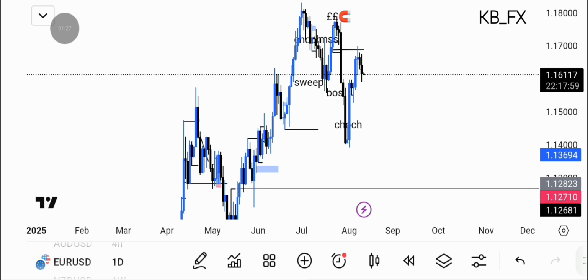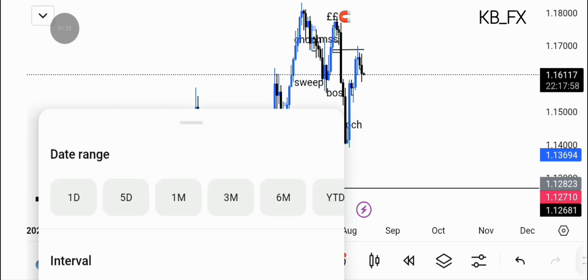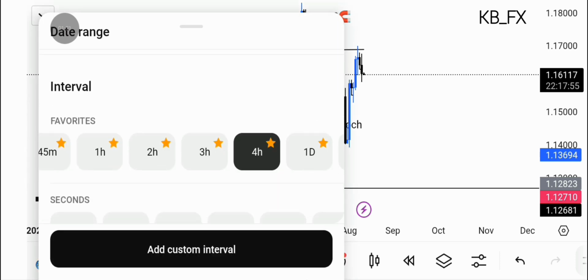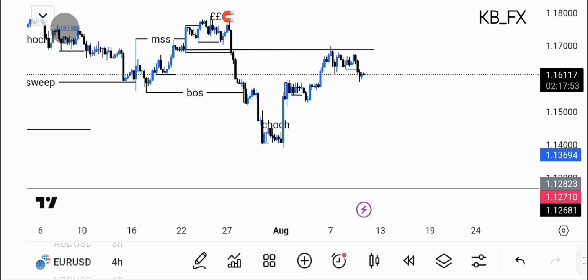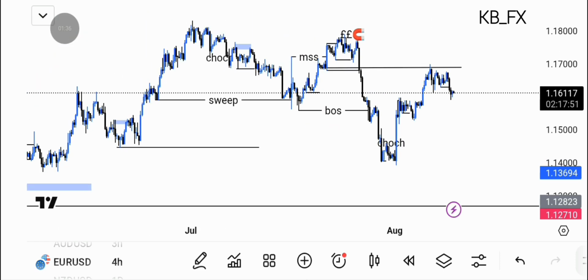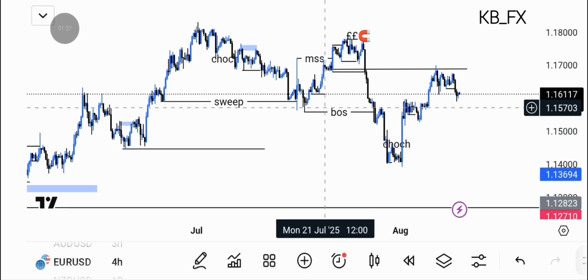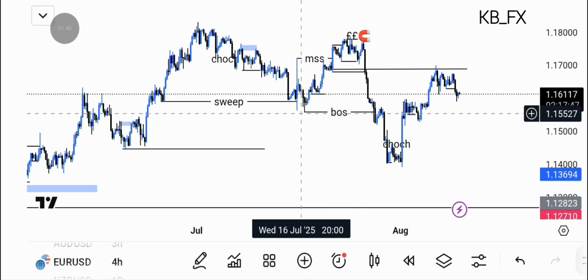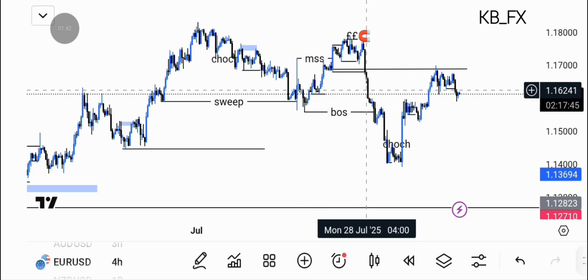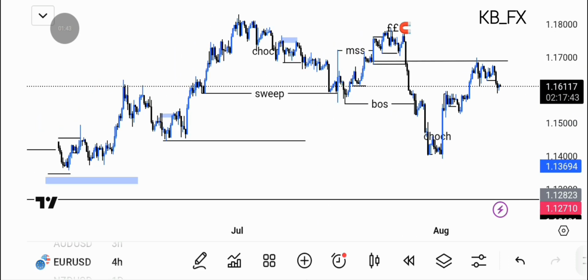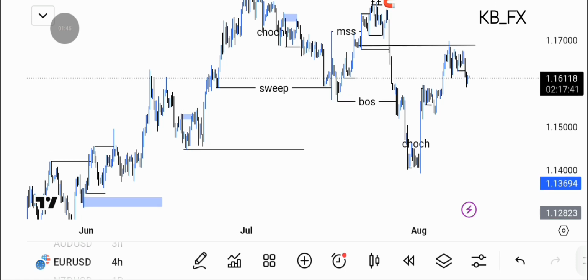So then I'll move to 4-hour. After the market changed character here, we have been temporarily bearish, but from the higher time frame, you can see that we are bullish.